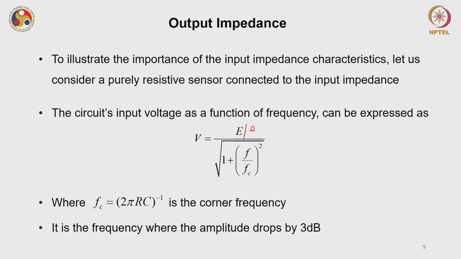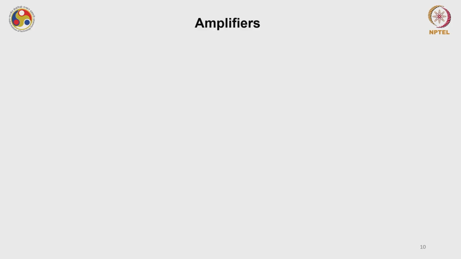Okay, so once we have understood the input and output impedances of the sensor, let us understand the amplifiers, which is the first stage that sees the output from the sensor, and which has to do amplification before it is fed to the next stage.